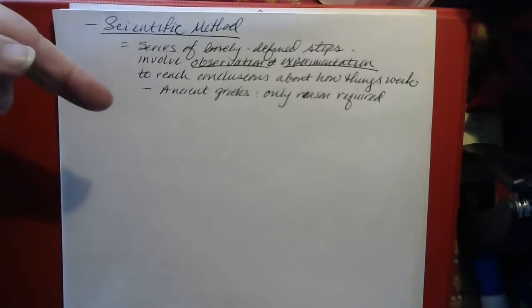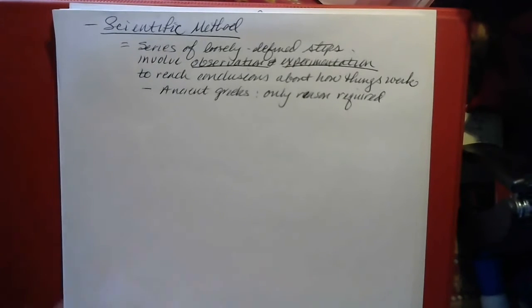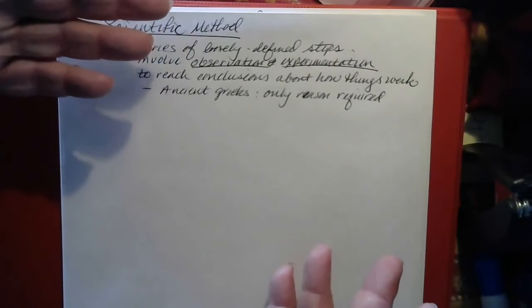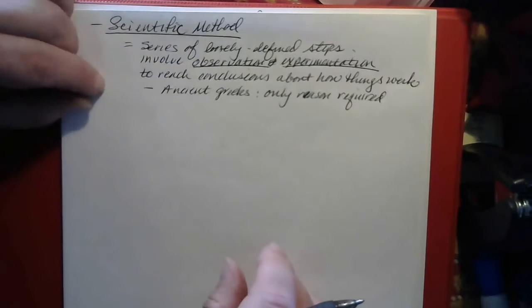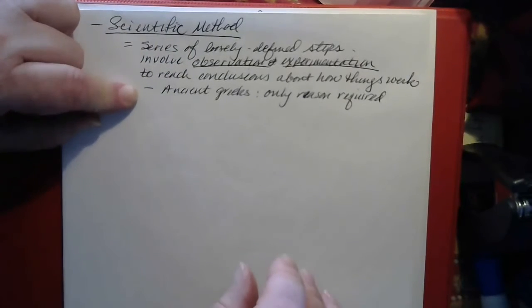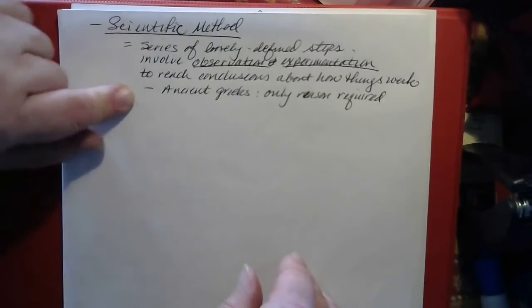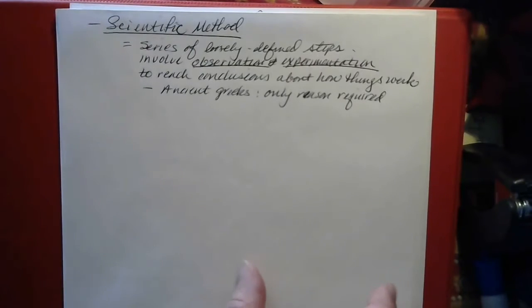All you really had to do was think about it and reason things out. And while that is an important part of it, I certainly wouldn't deny that reason is a big part of the scientific method. It's not everything.